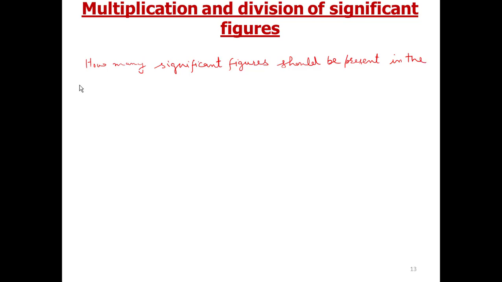Okay, so this is the question. I will write down some cases. We have to determine the number of significant figures in the results.